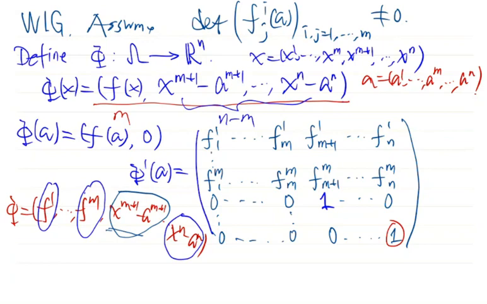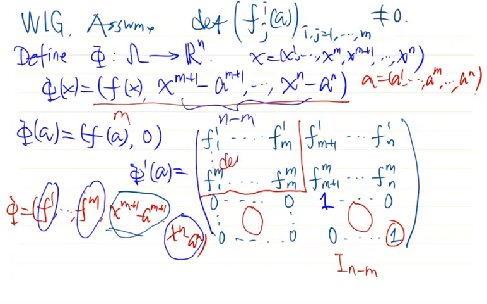But now we look at this matrix closely. Here is a 0 block, and this block is the (n minus m) identity matrix. And the upper left block of this matrix is nonsingular.